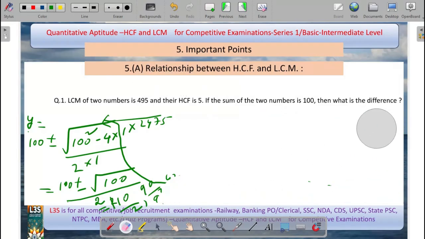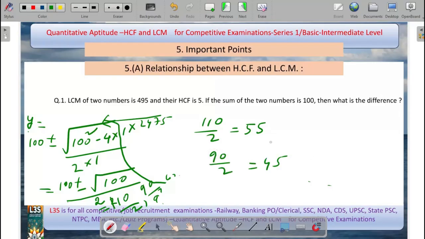So one number will be 110 by 2 and another is 90 by 2. 110 by 2 is equal to 55 and 90 by 2 is 45. So these are the two numbers we got.